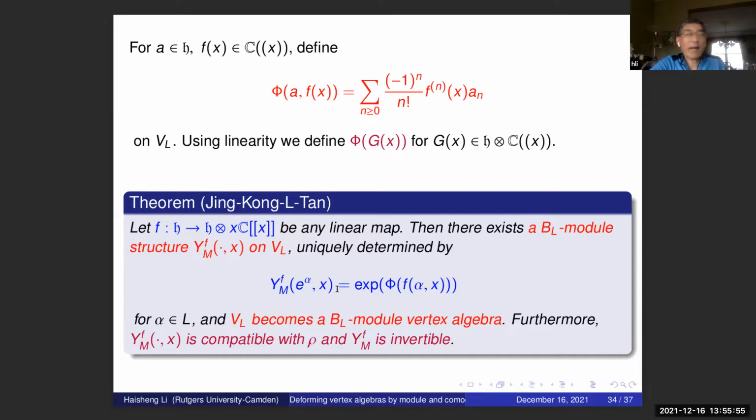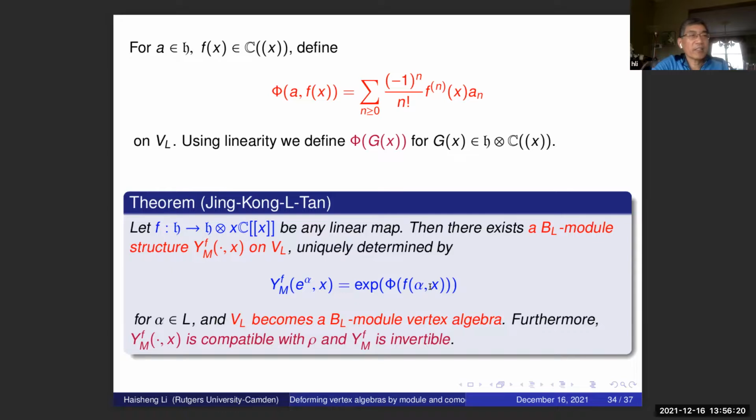This is uniquely determined by the generator e^alpha, because BL is a commutative differential algebra, basically a differential algebra generated by the group algebra. So this BL module structure is uniquely determined by this condition, the blue one.